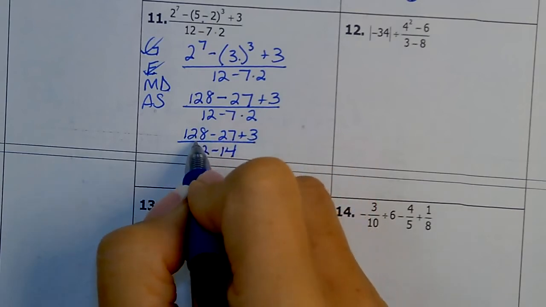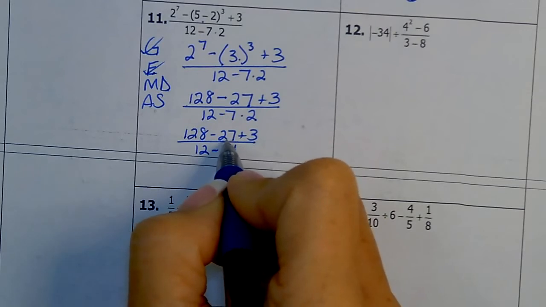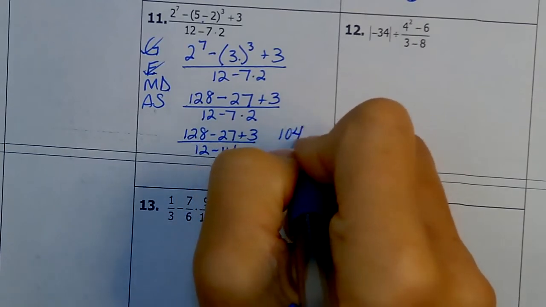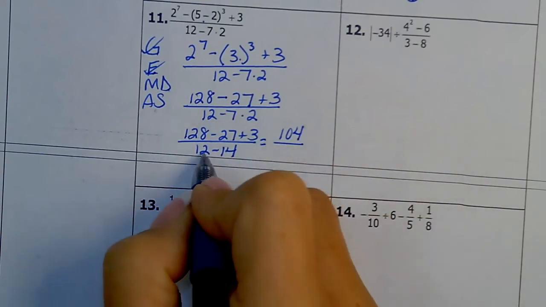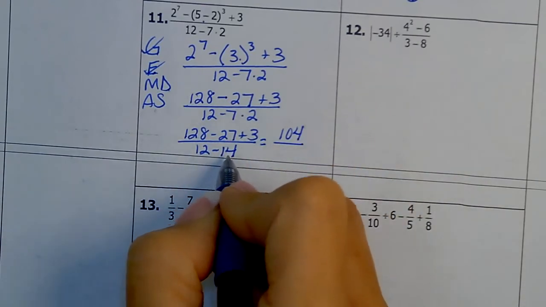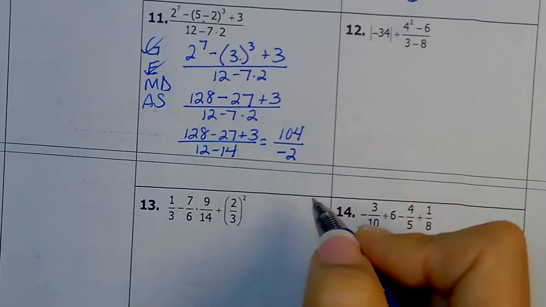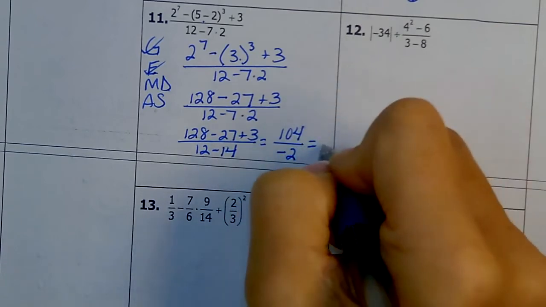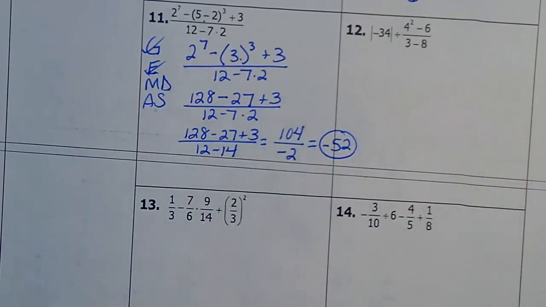So 128 minus 27 is 101, and 101 plus 3 is 104. 12 minus 14 is negative 2. All right, on our final step, we divide and we get negative 52.